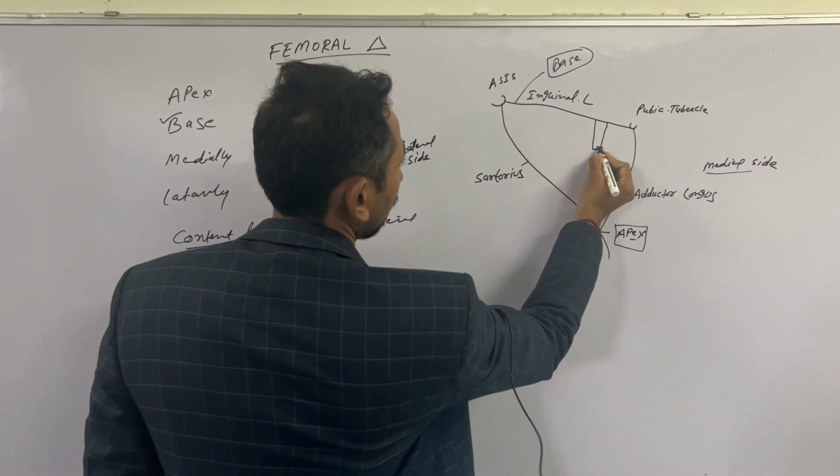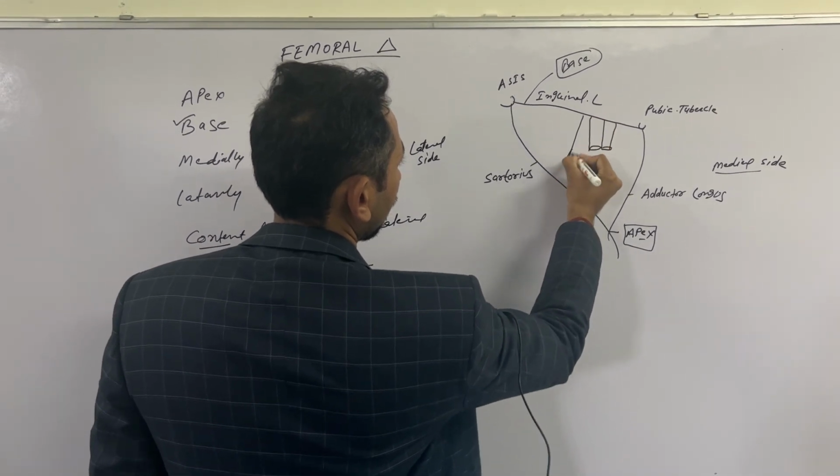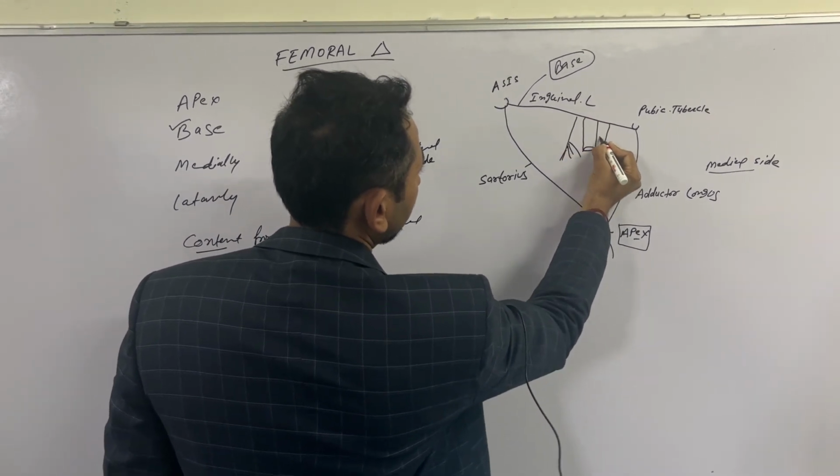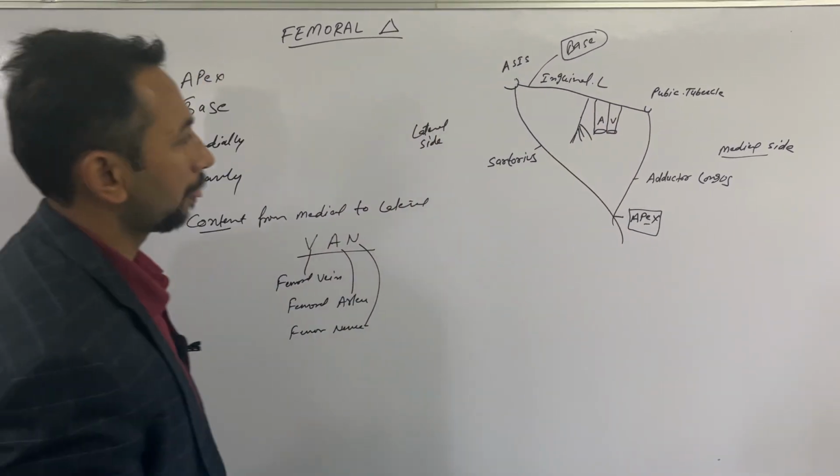So femoral vein, artery, and this is the nerve. Okay.